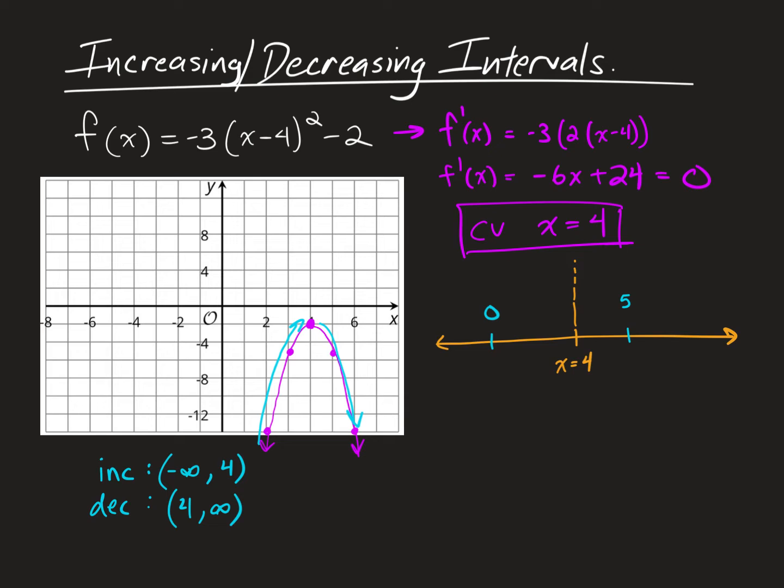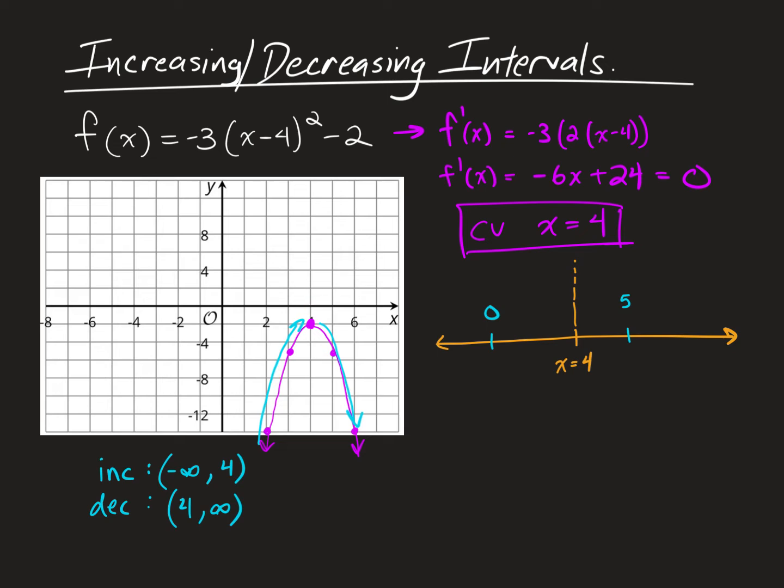And still, picking these values 0 and 5, that doesn't make much sense on how I'm supposed to tell whether this is increasing or decreasing. And the magic there lies within the tangent lines. We are talking about derivatives after all. So when you look at a tangent line at any point to the left of x equals 4, like this one, or this one, you can imagine the tangent line there.